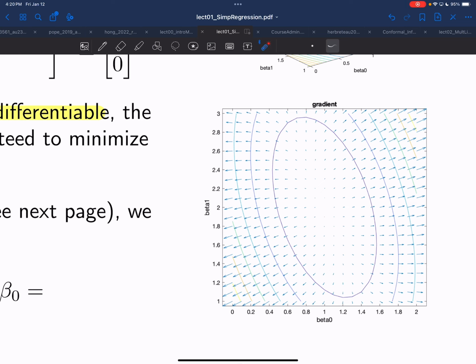Okay. Another interesting observation is, these are the equal height contours of this function. So like all these points here have the same RSS. And what's interesting about the gradient is it's always perpendicular to those contours. This makes sense. If you travel along the contour, RSS is not changing at all.